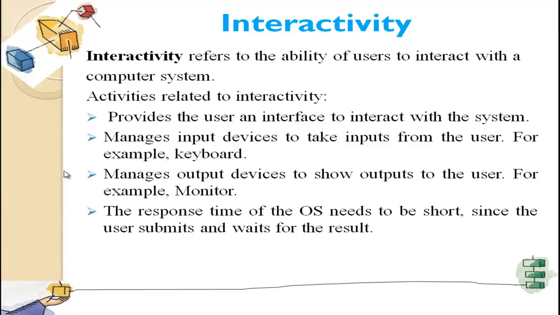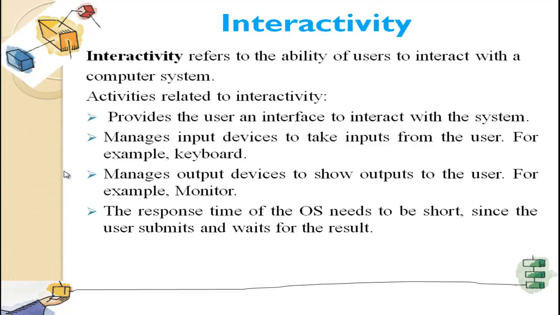For example, I am teaching you over here. If I am able to make you understand, then I can say that interactivity is good. If I were speaking in Chinese or some other language, you would not be able to understand. Likewise, an operating system provides us a GUI, that is, a graphical user interface, through which we can communicate with the system.